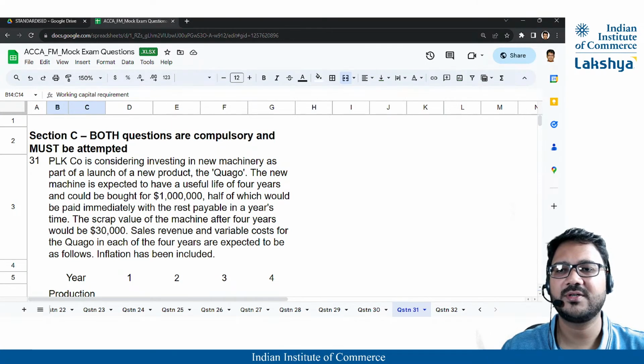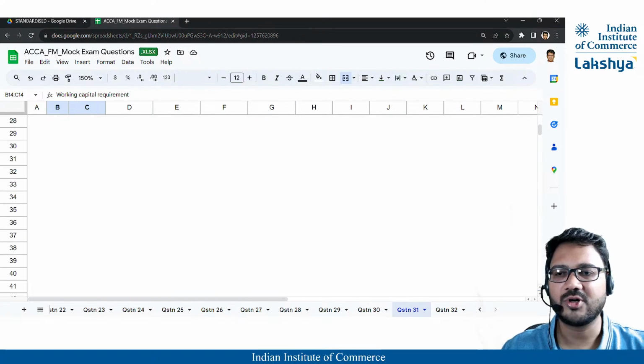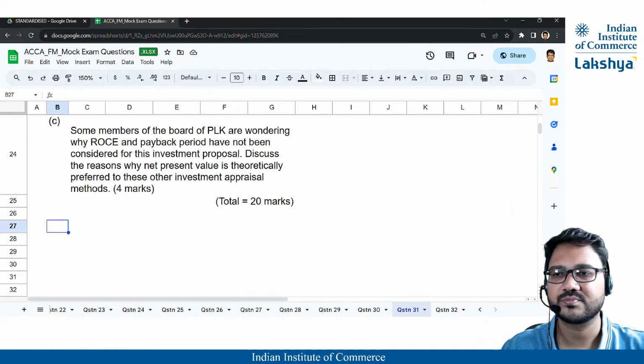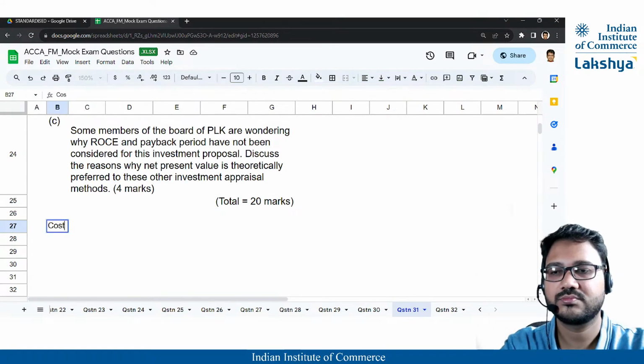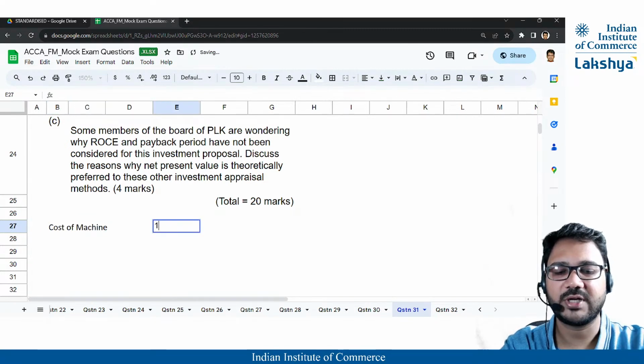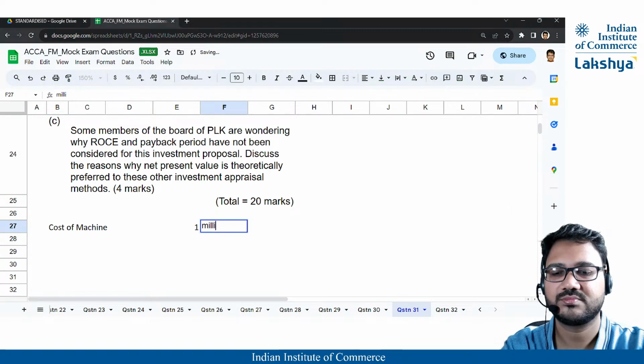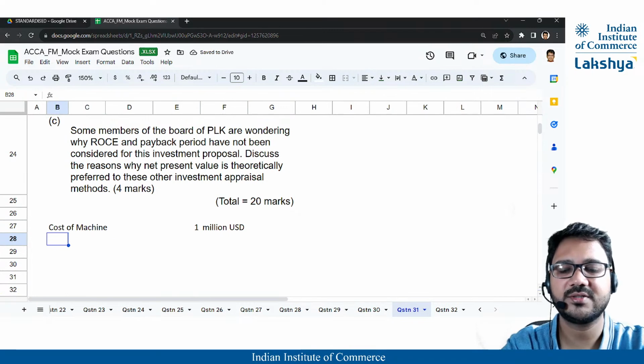PLK is considering a new machine expected to have a life of 4 years, which could be bought for $1 million, half of which to be paid. So cost of machinery is $1 million and half is paid today.